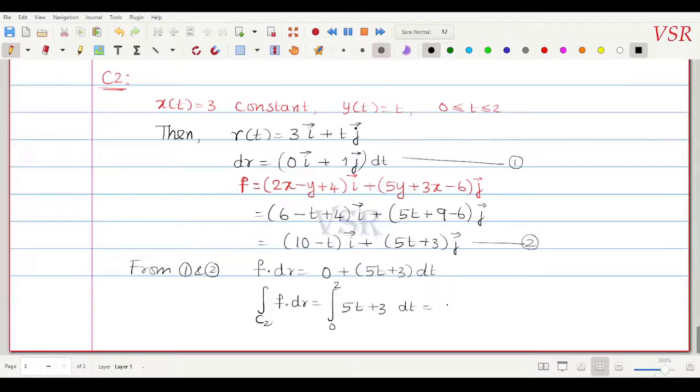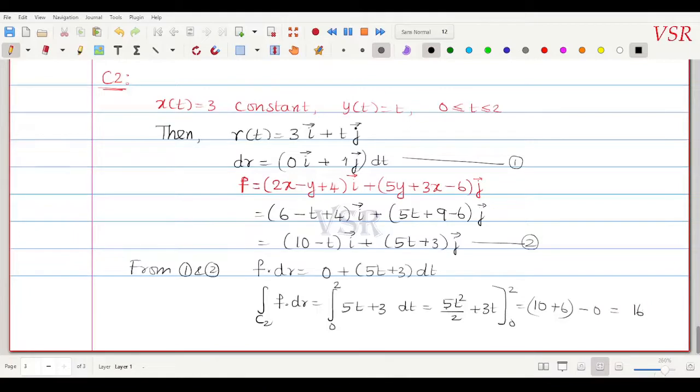So the integral over C2 of F dot dr is equal to the integral from 0 to 2 of 5t plus 3 dt. That is 5t square by 2 plus 3t, with the limit from 0 to 2. Putting 2, 4 times 5 is 20, 20 by 2 is 10, plus 3 times 2 is 6, minus 0. So the answer is 16.